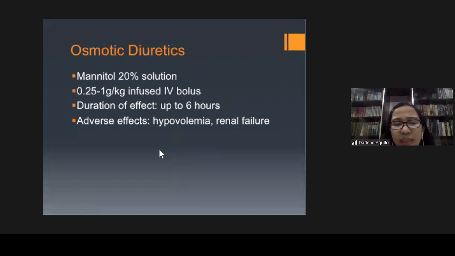Now, since this is a plasma expander, there is transient expansion of intravascular volume. Brisk osmotic diuresis results. That's why you do BP monitoring prior to administration of the medication, because your patient might have hypovolemia and hypotension because of the diuresis.